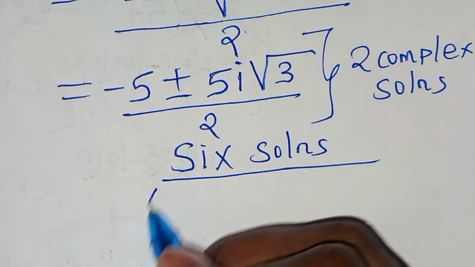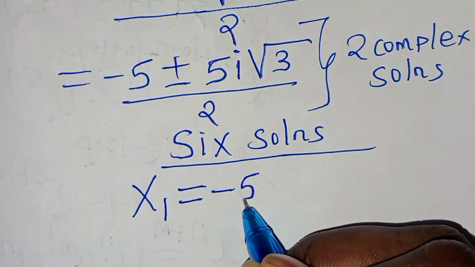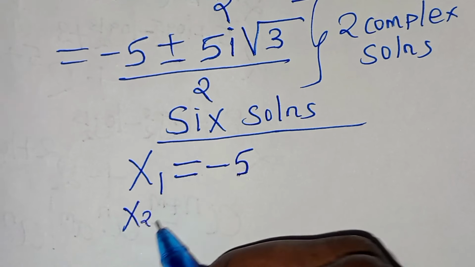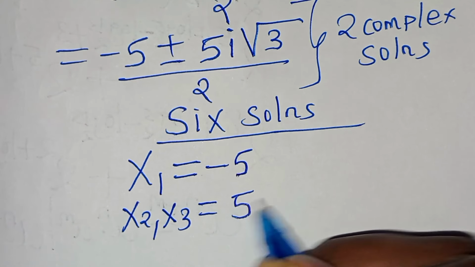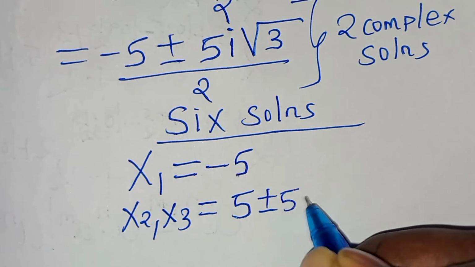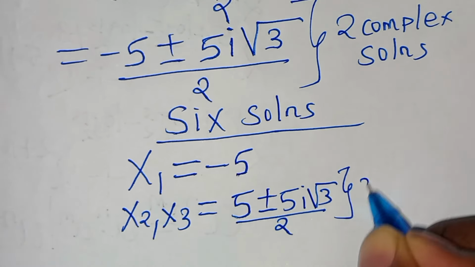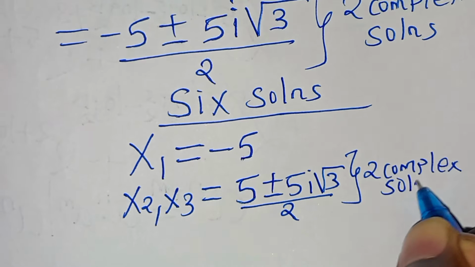We have that x1 is equal to minus 5. We have that x2, x3 is the same thing as 5 plus or minus 5i square root of 3 divided by 2. These are two complex solutions under case 1.